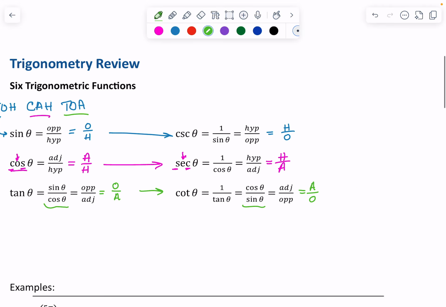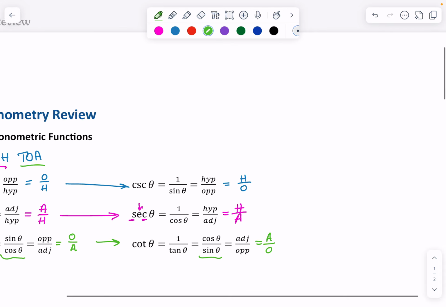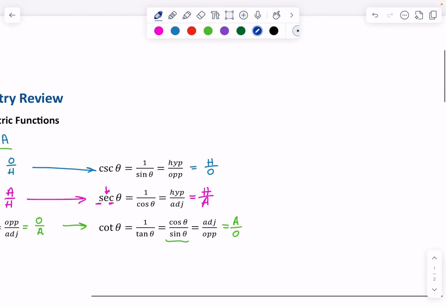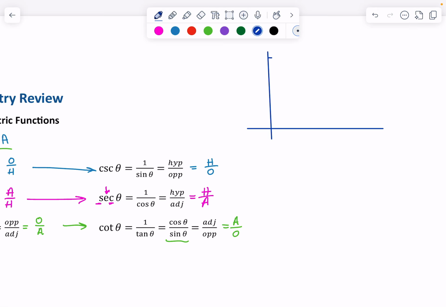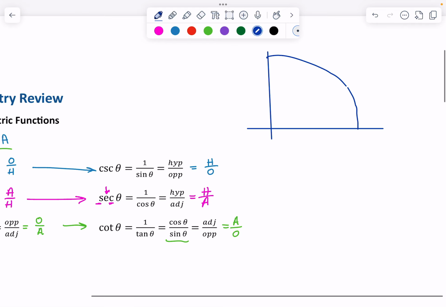All right. The next thing I want to make sure that you remember, as we talked about in one of the other videos and I went over in class this semester, is the first quadrant of the unit circle. Remember this very first angle here is a pi over 6 angle. That's my little angle.